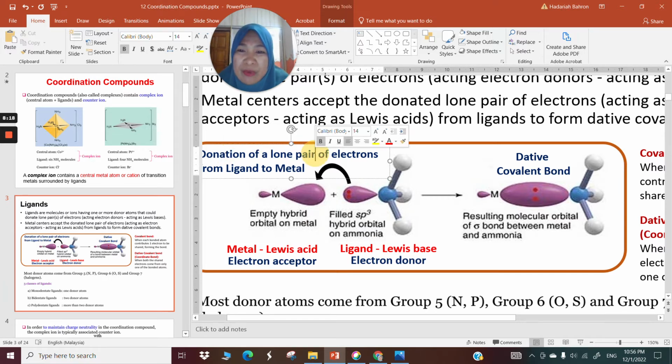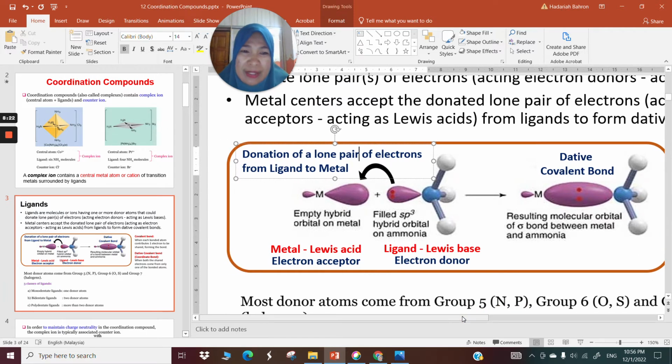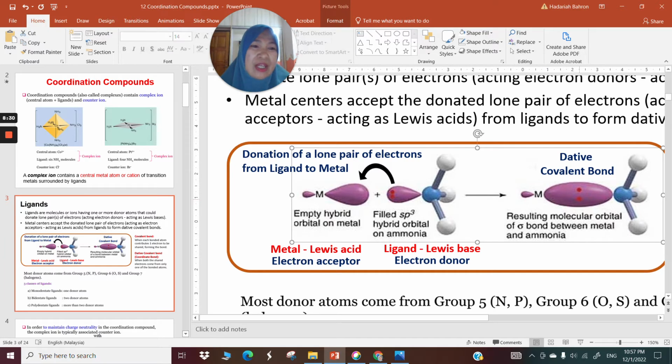Donation of lone pair of electrons from your ligand to your metal. What is formed is a coordination compound where the metal and the nitrogen share this electron pair. And the electron pair comes from the nitrogen, the lone pair of the nitrogen. So the resulting bond is a dative covalent bond.